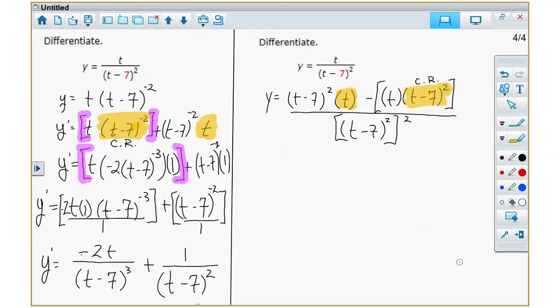Well, we're not going to stop there. Why? Common denominator. Plus, we've got to have a common denominator. So we need to multiply this guy by t minus 7 over t minus 7, don't we? Well, I'm going to stop right here. We're going to go over here and do this, and then we'll do the final answer together and see if it matches up, because I've run out of room over here.